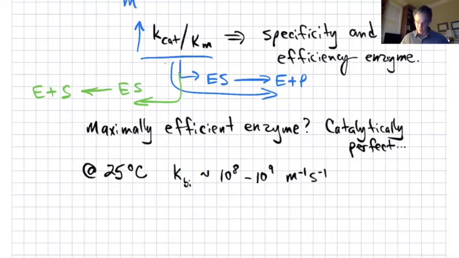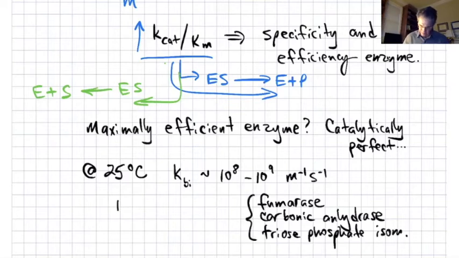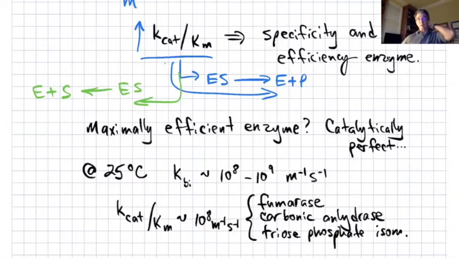And for certain enzymes, like fumarase, we haven't encountered these enzymes yet, carbonic anhydrase, which we have, and triose phosphate isomerase, these enzymes have kcat over km values of approximately 10 to the 8th per molar per second, which means these enzymes have achieved what could be called catalytic perfection.